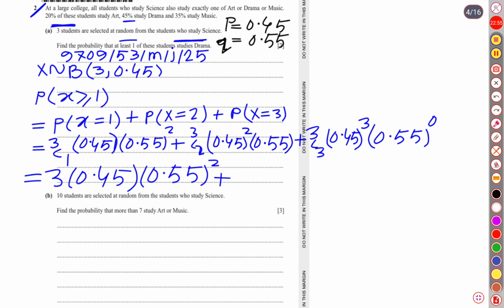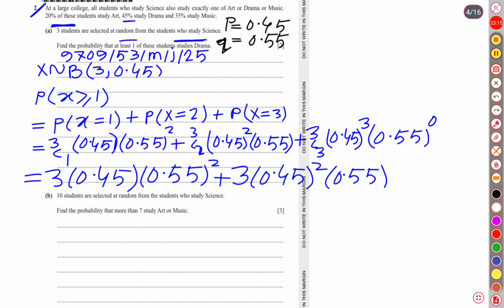Then their probability is 0.45 squared into 0.55 once, only one student.